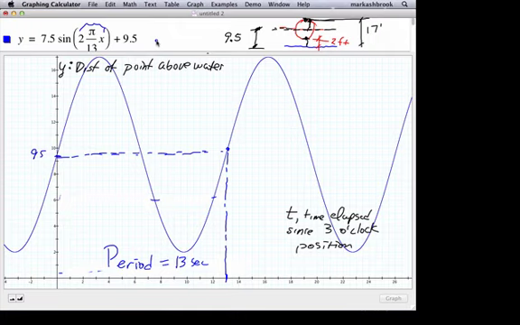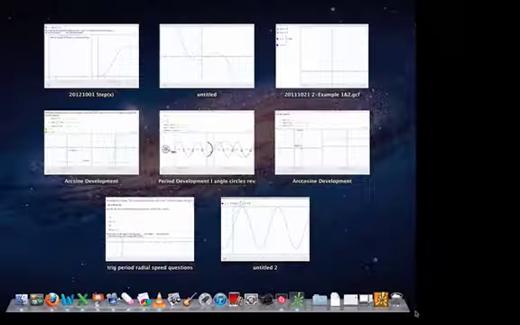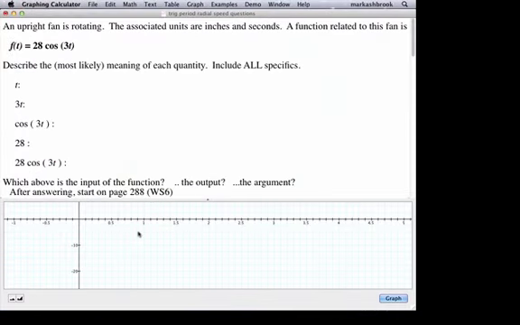We good? Okay, how about this new problem that I gave you at the beginning of class? So now we got a fan, and we got this function 28 cosine 3t. So we want to describe each quantity. So t, what is t?